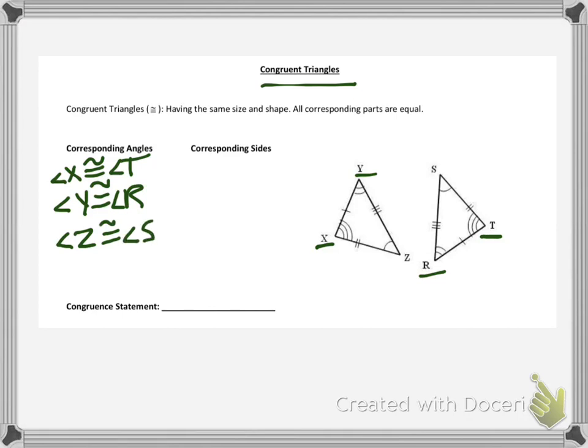So when we write our triangle congruence statement, we have to do the angles in the same order. So I'm going to say triangle XYZ is congruent to triangle TRS. So it's not just saying that the two triangles are congruent, it's specifically saying that the first angle in each statement is congruent.